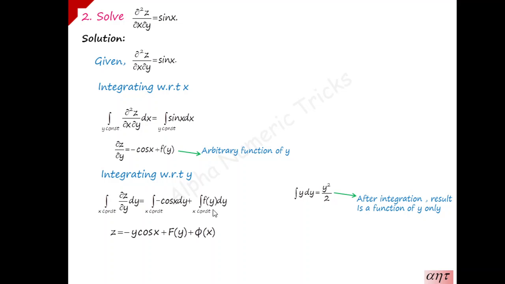So you can write this as f of y plus the constant of integration, which is phi of the variable x, and this phi is the variable which we kept constant as x, so you have to write phi of x. Here phi of x is an arbitrary function of x, which is the required solution of the given problem.